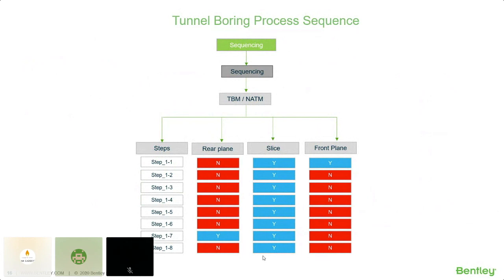You can see here that we have three different parts. The rear plane corresponds to the rear part of your TBM. The front plane corresponds to the front part, and the slice is the middle part or the shield of your TBM. So using the tunnel boring process, we can easily define which part of our TBM is active for a particular excavation.